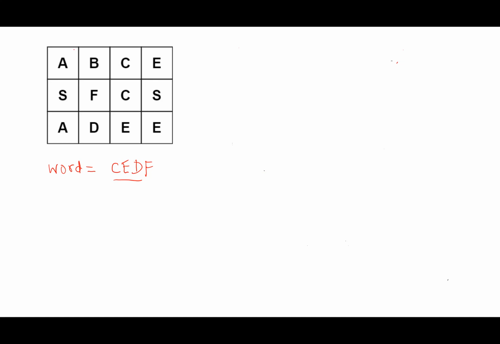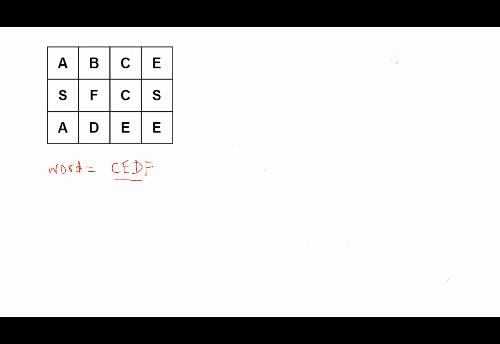For example, if I start from here, you see this one doesn't match with C. So that means starting from here doesn't work. Similarly, we'll try to start from here. It won't work. Basically you are doing some kind of DFS and trying to traverse this graph from every cell.